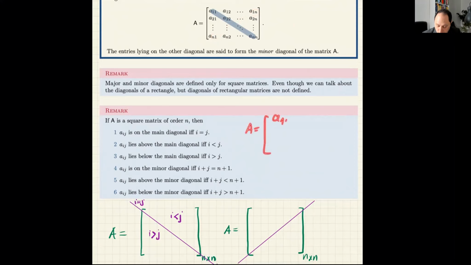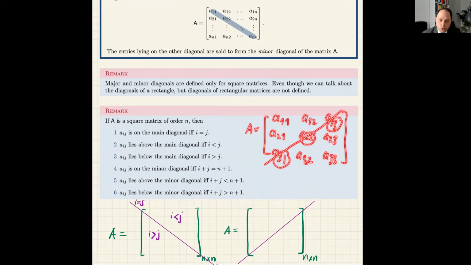So here I have a11, a12, a13, a21, a22, a23, and another one a31, a32, a33, yes? So if I consider the minor diagonal, you see that 1 plus 3 is 4, 2 plus 2 is also 4, 3 plus 1 is also 4, and 4 is one more than the order of my matrix.